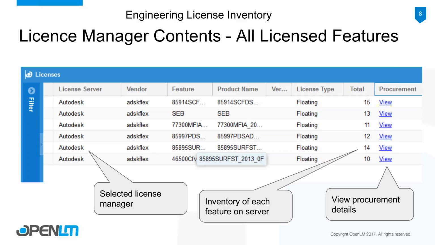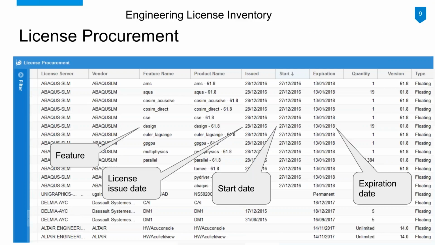From here, you can go and view essential procurement information. Let's go there. Now, this is the license procurement report. It's an extension of the previous license report and shows critical information such as the date the license was issued, when it starts, and when it expires.